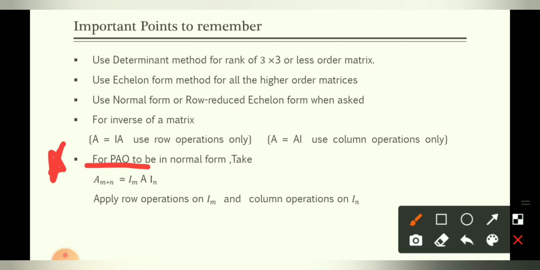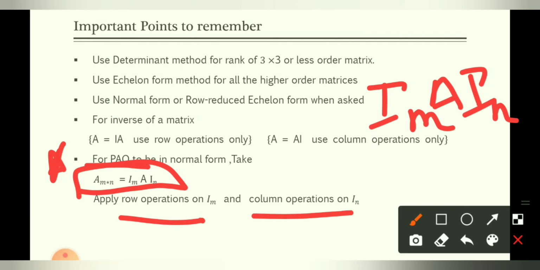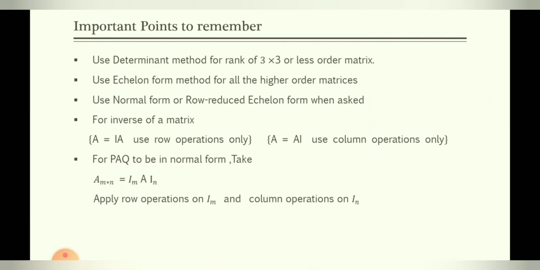So for PAQ to be normal form, we have to write A as IAI, where the first I will be according to the number of rows and the second I will be according to the number of columns in A. So that we apply row operations on the first identity matrix and column operations on the second identity matrix in order. So this is all.